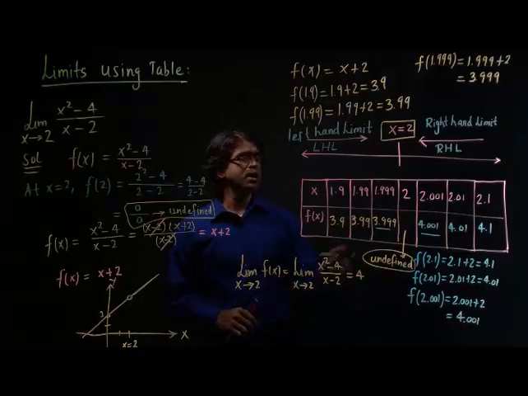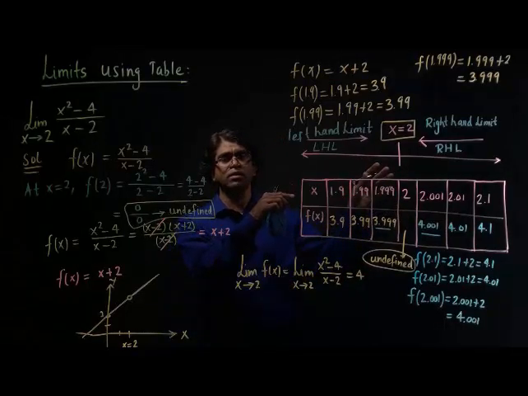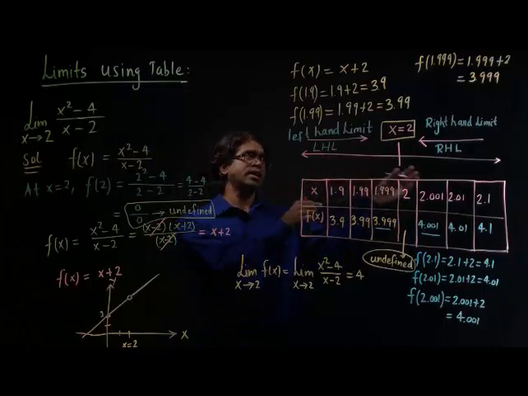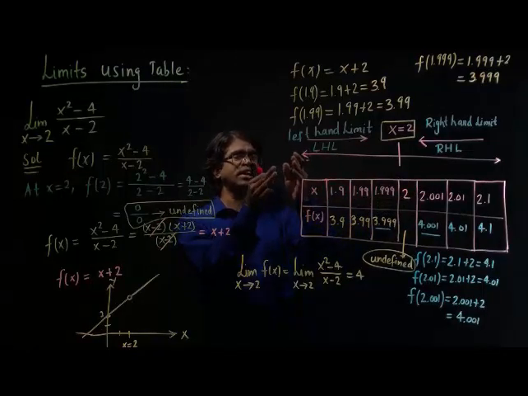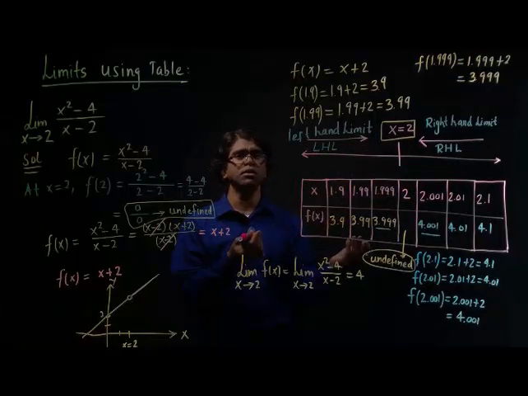The reason is that the closer we get from both sides, left hand side or right hand side, my left hand limit and right hand limit are getting closer and closer to 4.